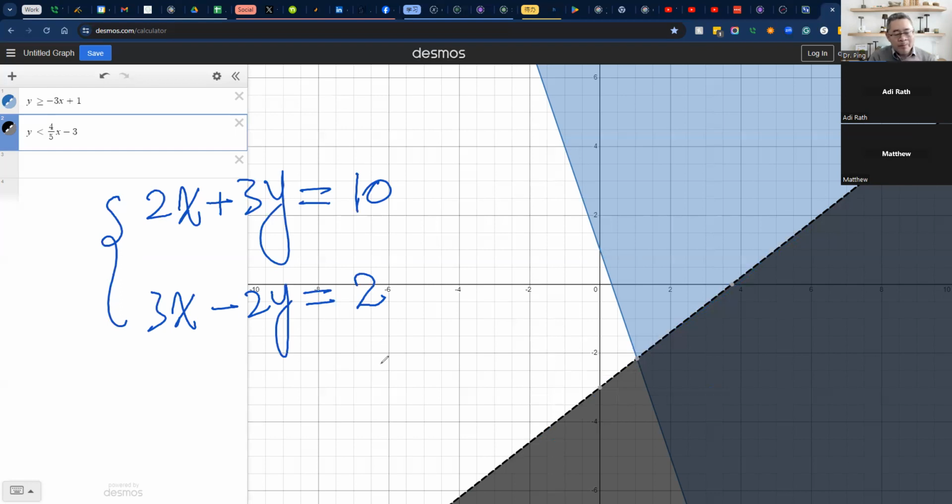Okay, just graph them. Is this just like the first one? It's different. The first one is an inequality, but the graphing is the same. You graph the line. Oh, okay. The solution for this one is just the intersection point. Okay.